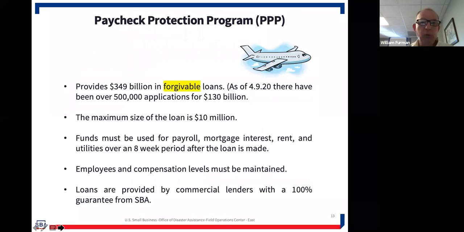All right, that brings us to the PPP. We're running maybe just a few minutes behind, but I do want to give you a kind of an overview of this program. We can't go too deep in it. I have an airplane here. We're giving you the 30,000 foot tour of PPP this morning, but we did have $349 billion in forgivable loans for this program.